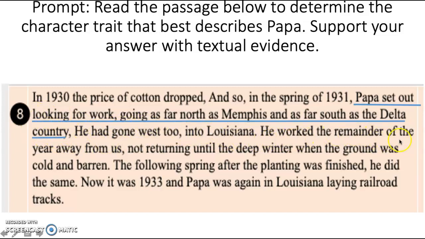He worked the remainder of the year away from us, not returning until the deep winter when the ground was cold and barren. So there's more actions from Papa, right? He worked the remainder of the year away from us. The following spring, after the planting was finished, he did the same. Now it was 1933, and Papa was again in Louisiana laying railroad tracks. And there's one more action of Papa.